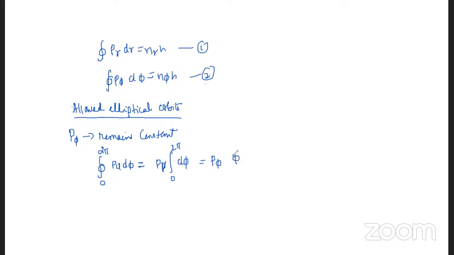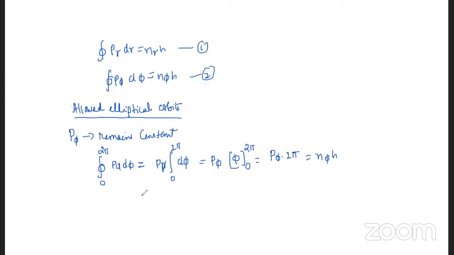Substituting the limits, the upper limit is 2 pi and the lower limit is 0, so we get p phi into 2 pi, which will be equal to n phi h.